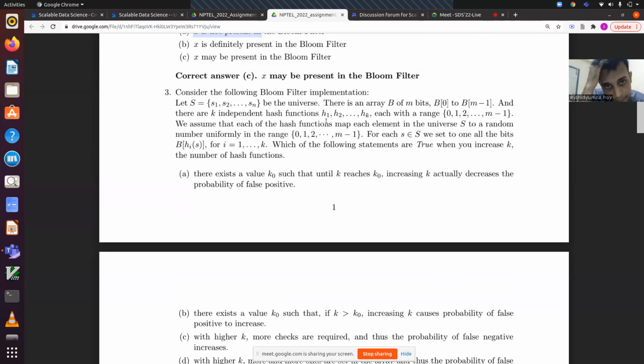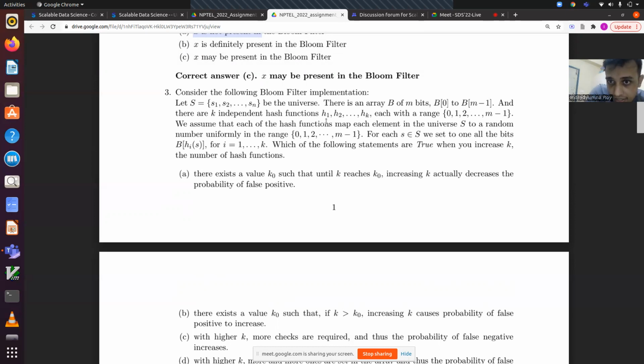There are M bits, and there are K independent hash functions, which map the elements to 0 to M minus 1. We assume that each hash function maps each element in the universe to a random number uniform in 0 to M minus 1.